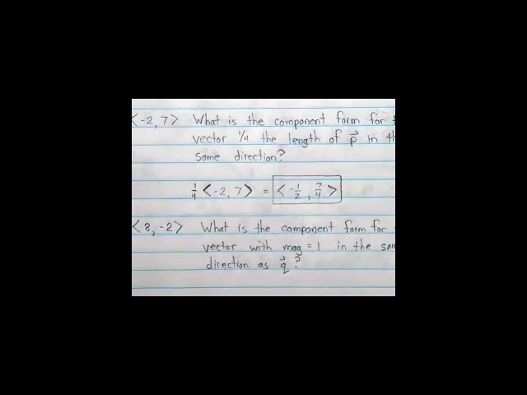So it's basically that. What is the component form for the vector with magnitude equal to 1 in the same direction as Q? Correct. Angle stays the same, magnitude changes.